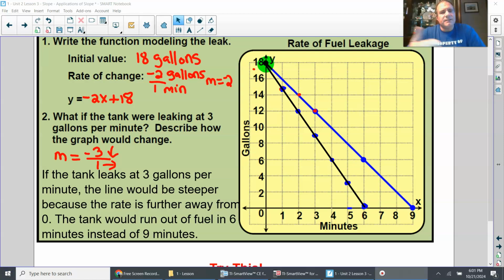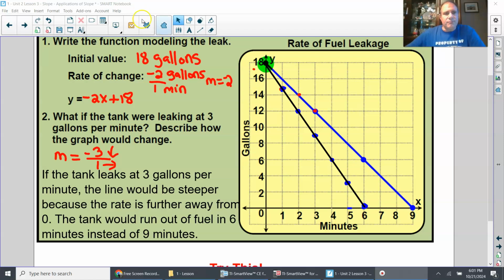If the tank leaks at 3 gallons per minute, like you see on the black line, the line would be steeper because the rate is further from 0. The tank would run out of fuel in 6 minutes instead of 9. And that is it, right?